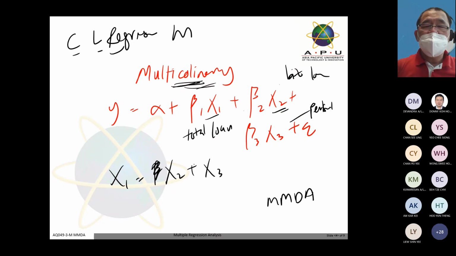Therefore total loan equals business loan plus personal loan, for a whole bank or company. So x1 equals x2 plus x3.